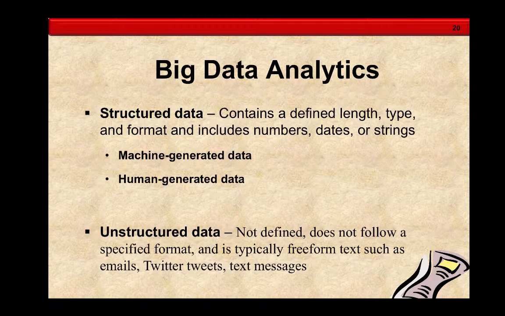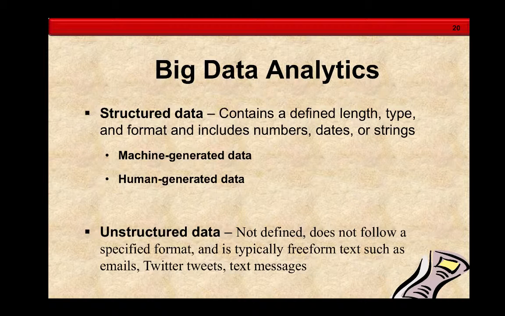So big data analytics allows for data to be filtered and compiled in both a structured format or an unstructured format. Structured format means that there are defined limits, defined types. You're able to easily put that information in.